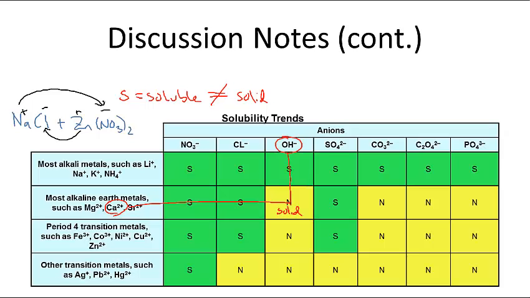Now, what you'll see is that Na and NO3 are always soluble. So we have Na, NO3 come together. No precipitate. And now let's check zinc and Cl. That should be a lowercase l. That's bad. So if I mix those two solutions together, I get no solid. It'll look the same at the beginning as it does at the end. So we'll use this chart to figure out if a solid forms.